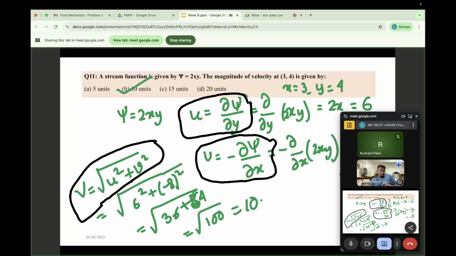So this is how you will solve these types of question. I hope that you understand this question. Now I am moving to this next one, right?